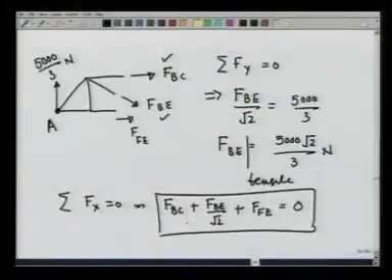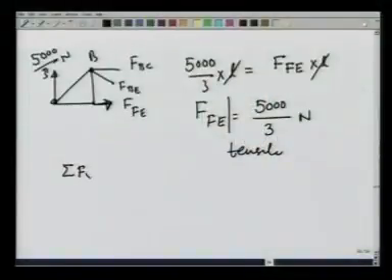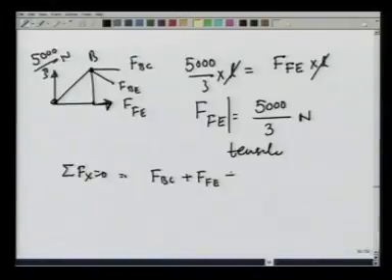Now, using the equation summation Fx equal to 0, I can also calculate FBC, and let us do that. We had summation Fx equal to 0, which gave me FBC plus FFE plus FBE over root 2 is equal to 0. We have already calculated FFE and FBE.